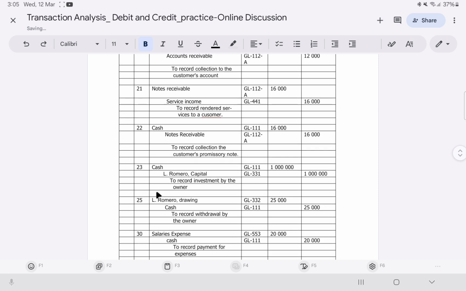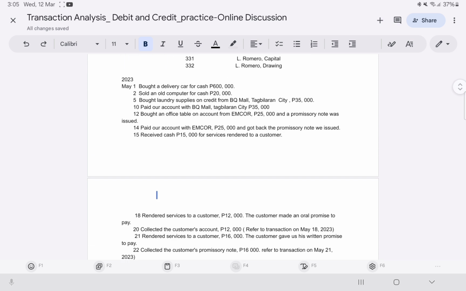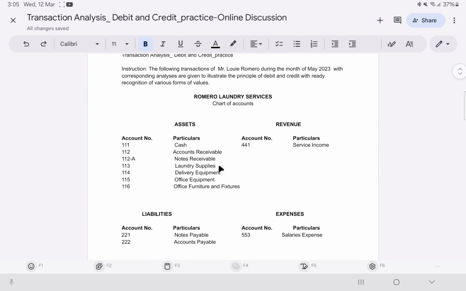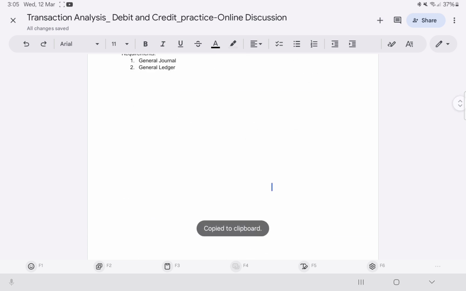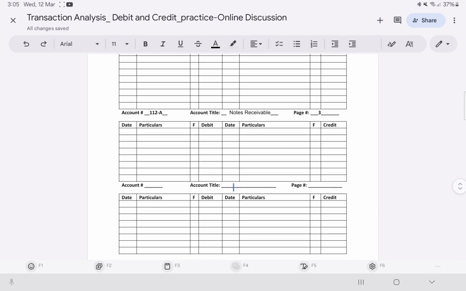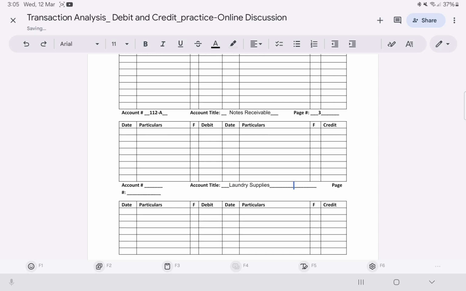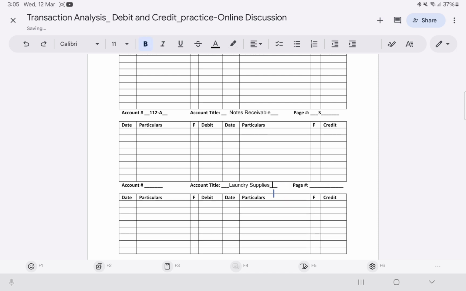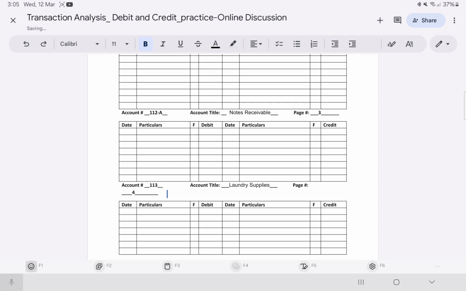Then what's the next? Laundry supplies, account number 113. And this is page 4.